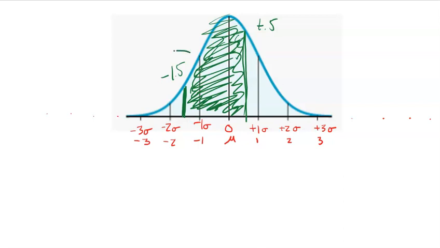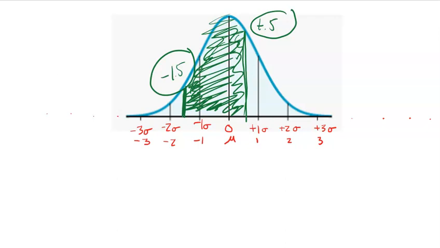What are this -1.5 and this +0.5? Those are z-scores. A z-score is how many standard deviations you are above or below the mean. So this shaded green area is anywhere from negative 1.5 standard deviations below the mean to 0.5 standard deviations above the mean. And that area could be looked at as the probability of being in that interval.